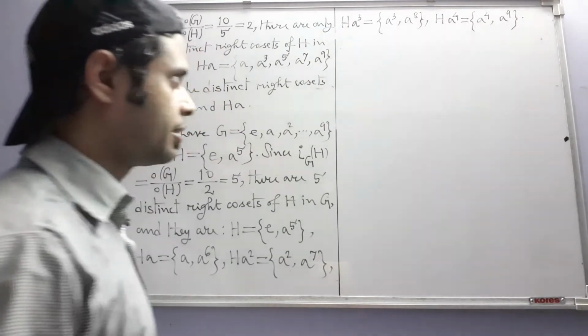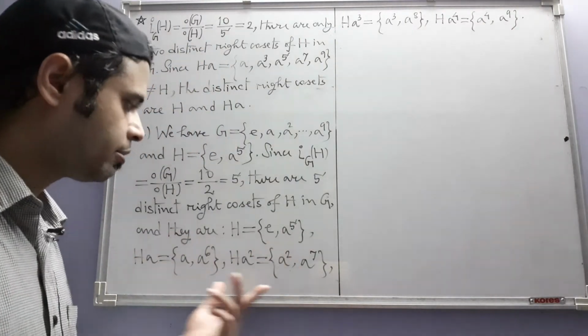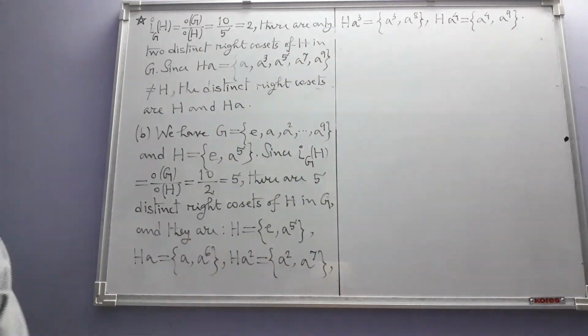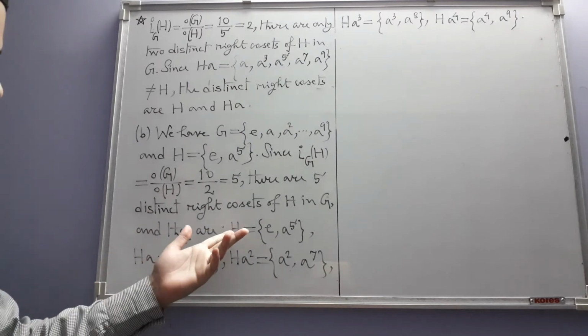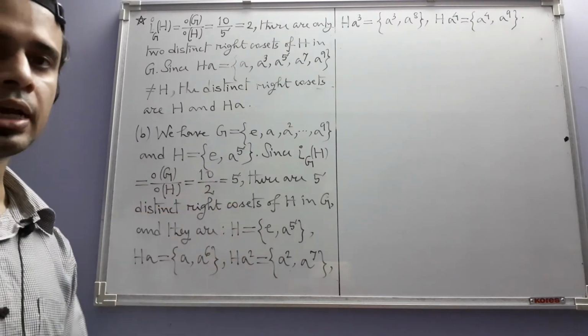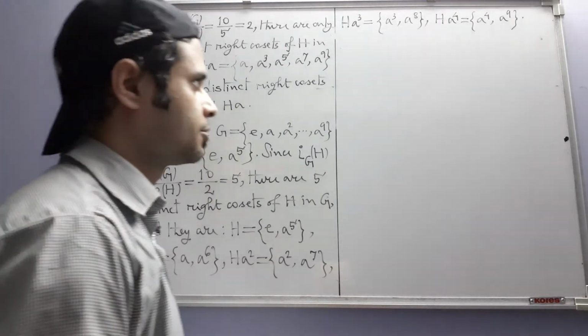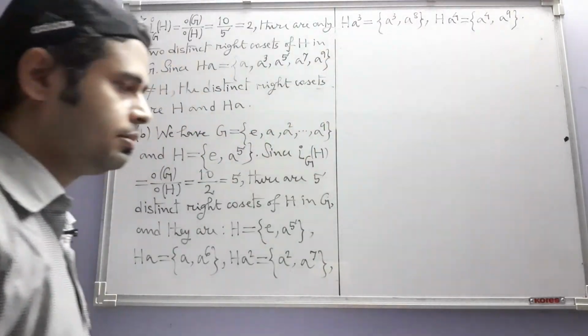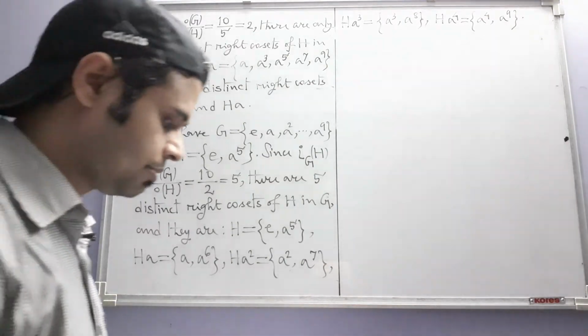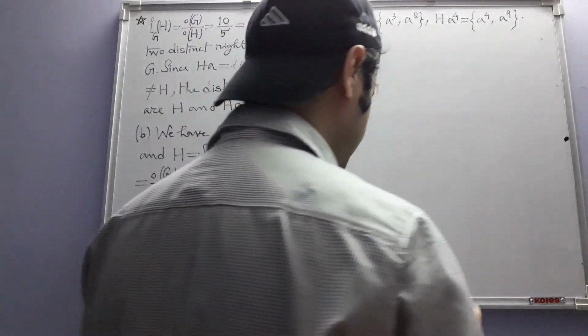One more thing is that if you take the union of these right cosets, you should get G, because that's what equivalence classes are. They partition the whole set. So they should be mutually disjoint and their union should be the whole set. Okay, so these are the right cosets.